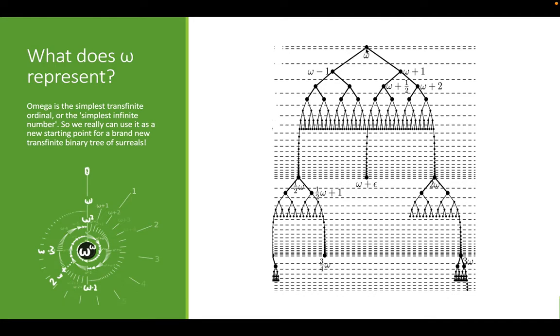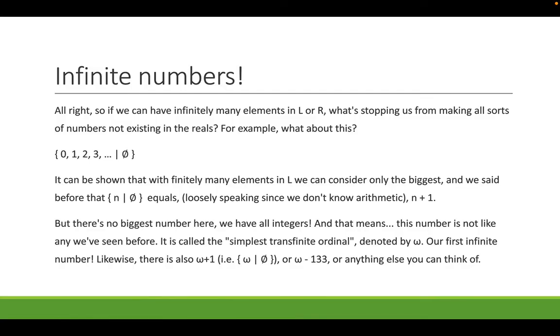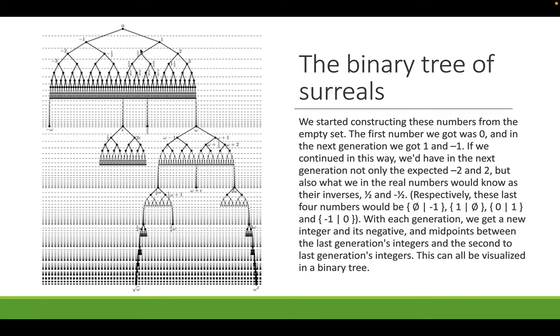So we really can use it as a starting point for a brand new transfinite binary tree of surreals. We can go to the left or to the right, we can do this to get omega plus 2/3, and we can do this. Look, if we want to get omega through the binary tree, we just have to go to the right each time.